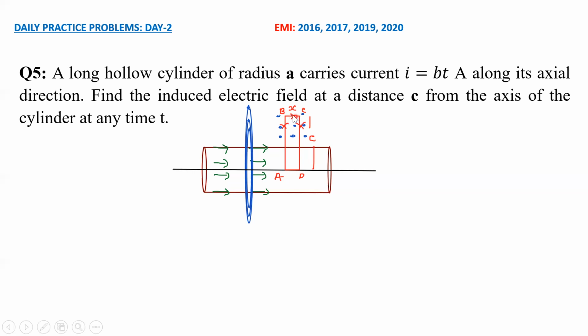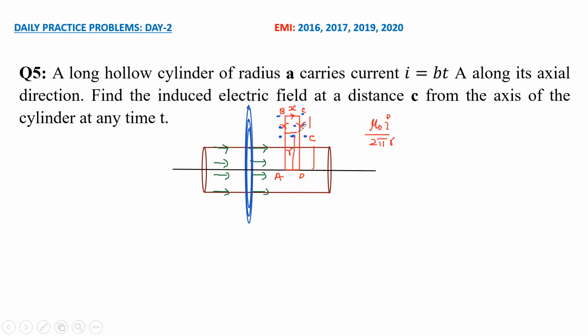Okay, so let the width of BC be x, and this distance is C, because we need the induced electric field at a distance C from the axis, and that is why we are doing this. Now, we know that at any distance r from the axis of this cylinder, the magnetic field will be mu naught I by 2 pi r.